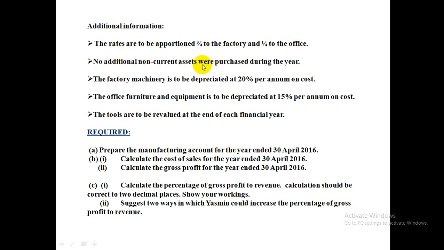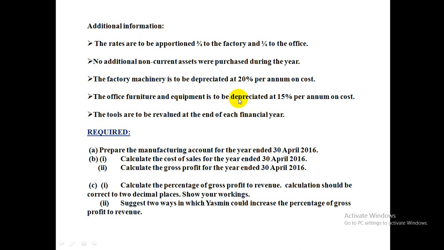No additional non-current assets were purchased during the year. This will help you to calculate the depreciation for loose tools. Factory machinery depreciation is to be calculated at 20% per annum on cost. We'll use this method. Factory machinery depreciation will be taken to FOH.